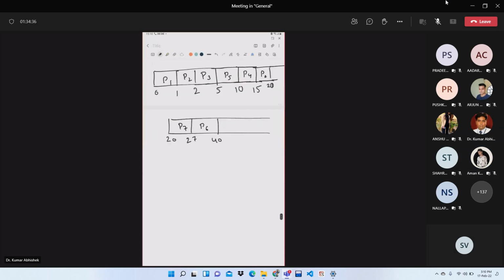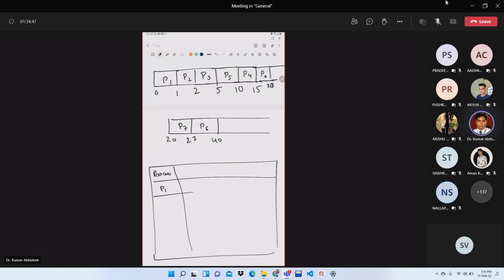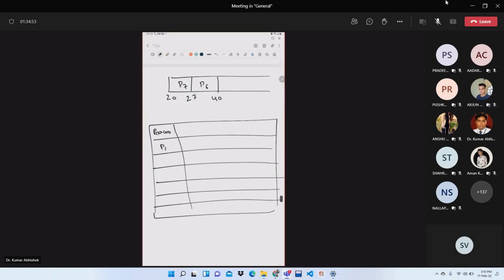Let's make the table. Processes P1 to P7. Arrival time: 0, 1, 2, 3, 4, 5, 6.